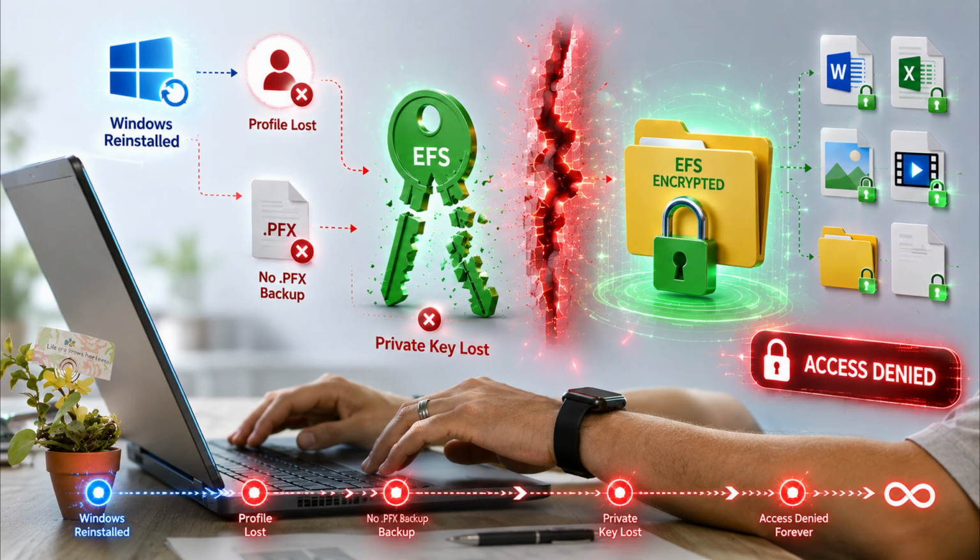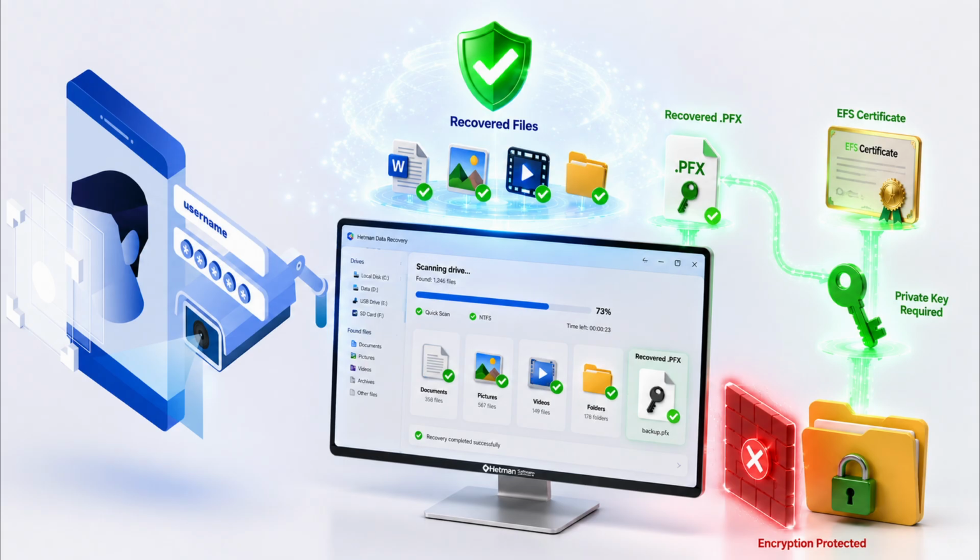If Windows was reinstalled, the user profile was lost, and there is no backup copy of the key in .pfx format, access to EFS files may be lost forever. Data recovery software can find the encrypted files themselves or help recover lost backup keys. However, it cannot crack EFS encryption without the correct private key.